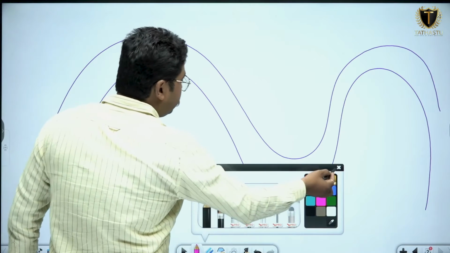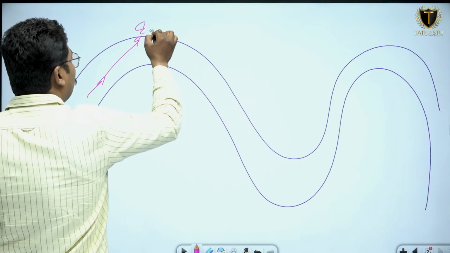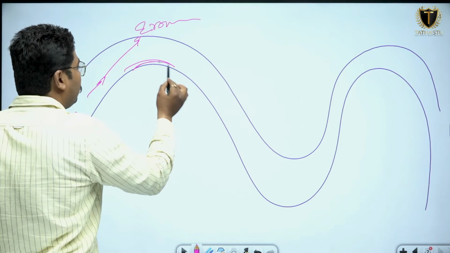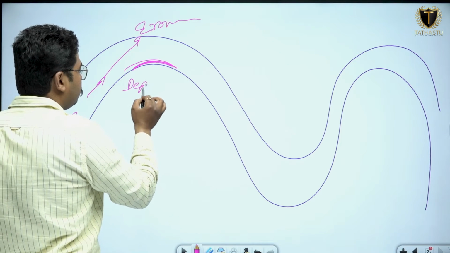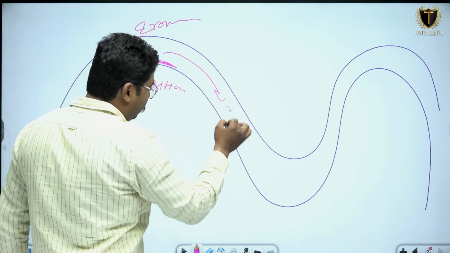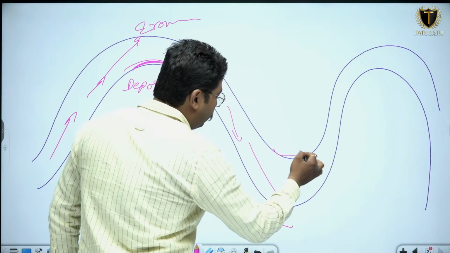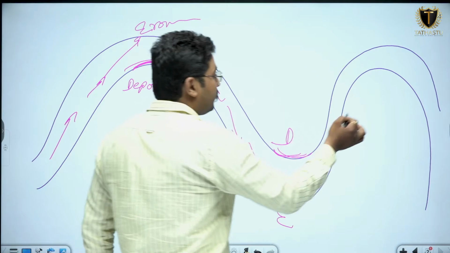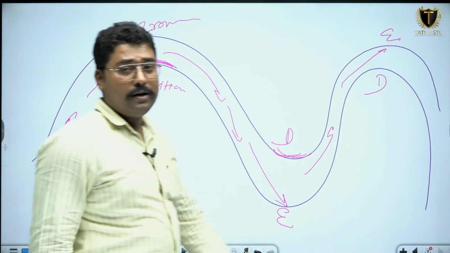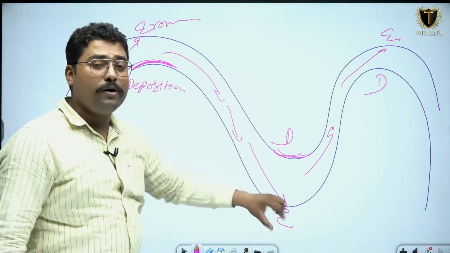The river water which is moving will hit this part, meaning erosion is going to be done, and the water speed will be less over here, so deposition will be done here. Again the river water will come and hit this part, so erosion, and over here deposition. Again erosion, and here deposition. So in this manner the river water is going to do erosion and deposition also.